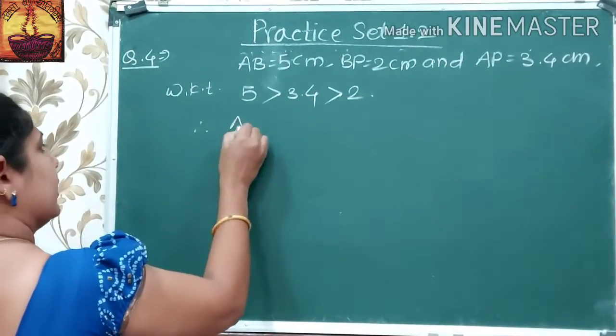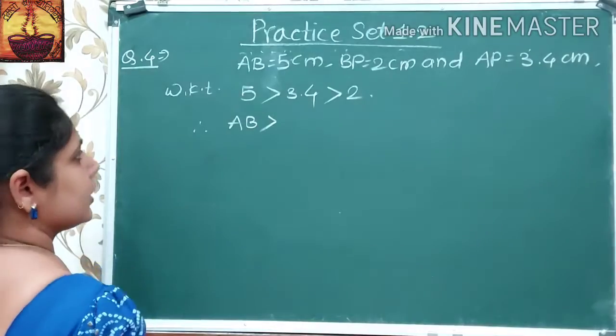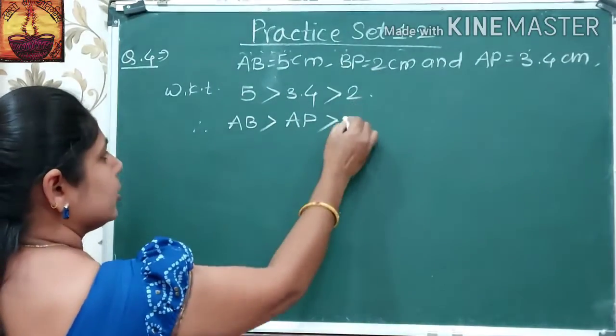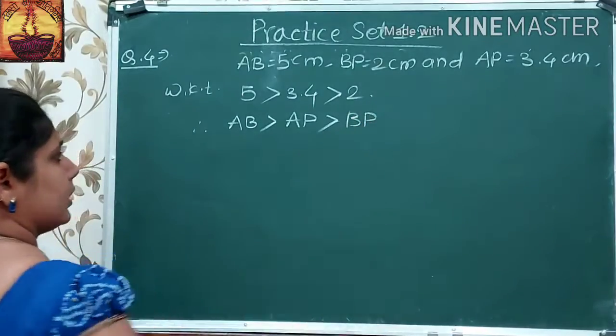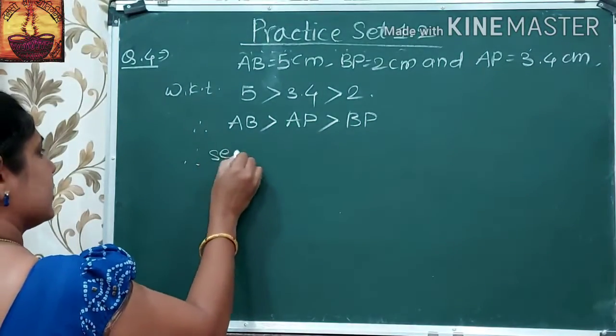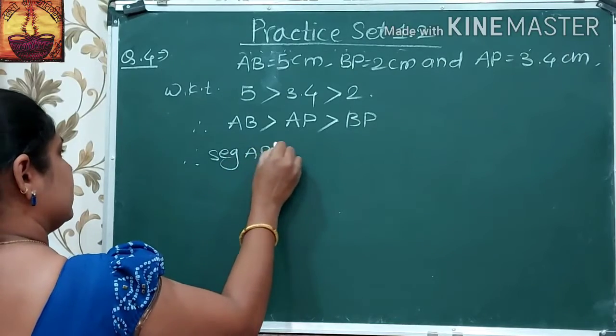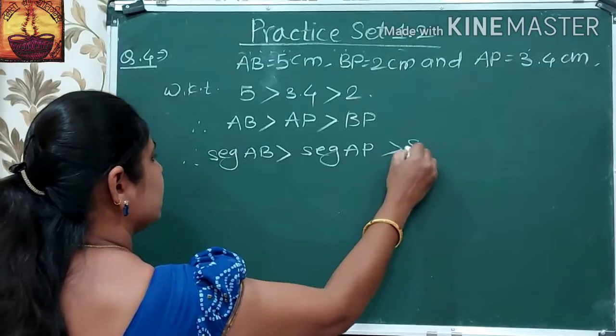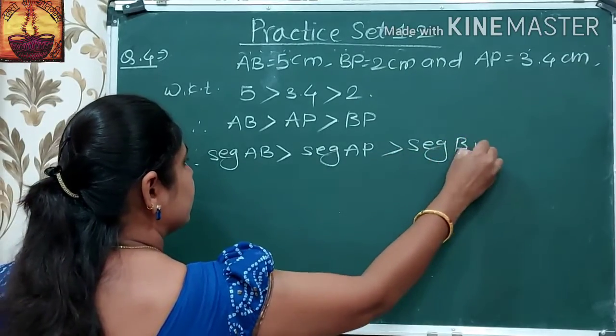Therefore, AB is greater than AP and 2 is the length of BP. Therefore, AP is greater than BP. It means that segment AB is greater than segment AP and segment AP is greater than segment BP.